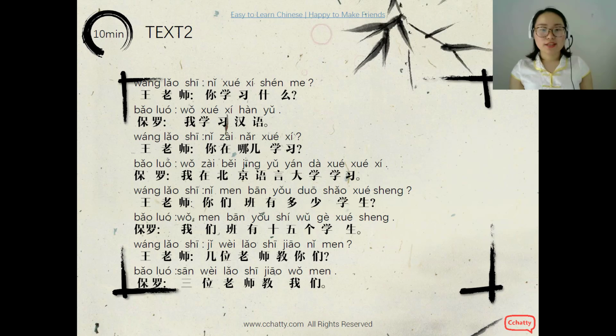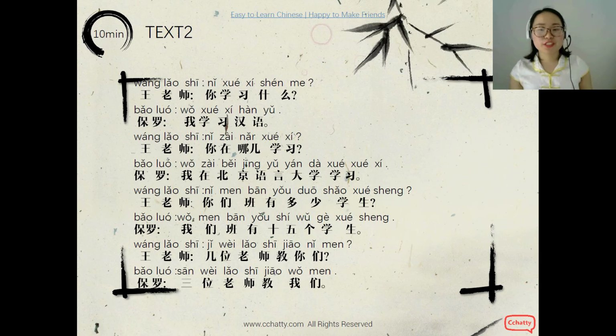王老师，你学习什么？王老师 asked, what do you study? 保罗，我学习汉语。And Paul answered, I study Chinese. 王老师，你在哪儿学习？王老师 asked again, where do you study? 保罗，我在北京语言大学学习。I study at Beijing Language University.